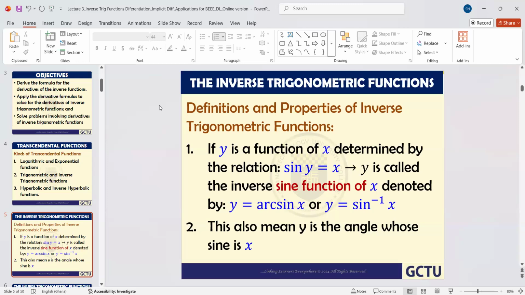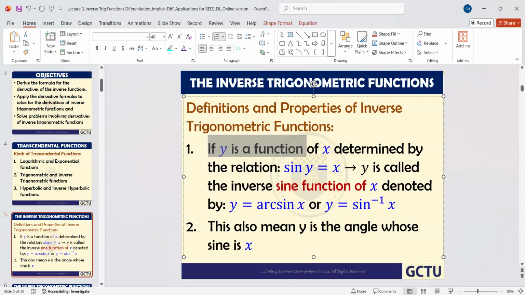When you are given a function y in terms of x, so if y is a function of x determined by the relationship, we start with a very obvious one. Let's say sine y is equal to x. If sine y is equal to x, then y is called the inverse sine function of x.